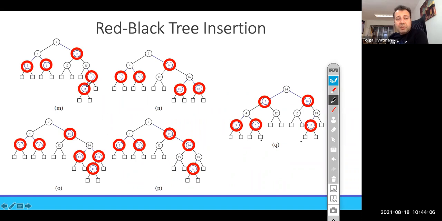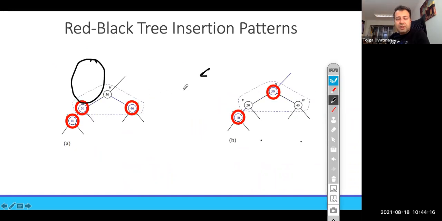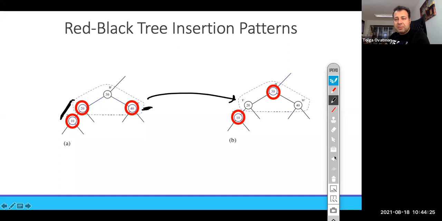So there are 2 reds, one coming after another. So here I make another restructuring like this. So these all follow this pattern. Okay, so you see that this guy where I got 2 reds and I got a sibling red as well. So if I see this, I change it to this.